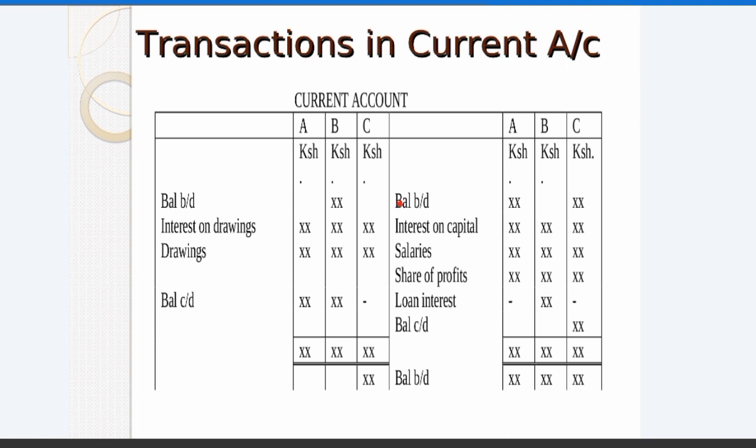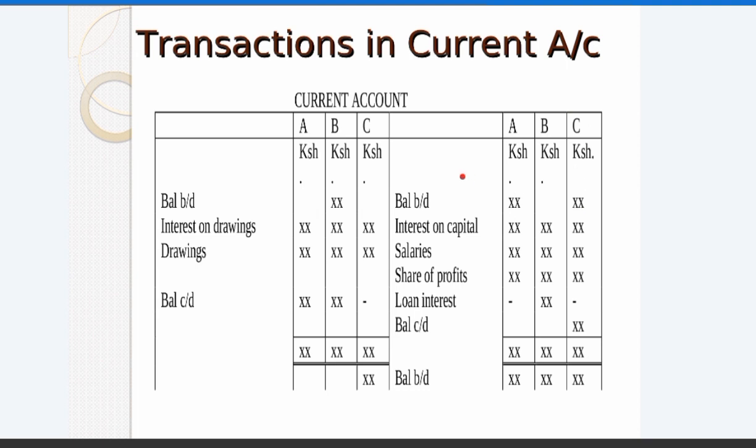So you may find that partner A in this scenario has a credit balance. Partner B, you can see, has a debit balance. That is why the balance brought down is on the debit side. And partner C has a credit balance. That is why you have the balance on the credit side.